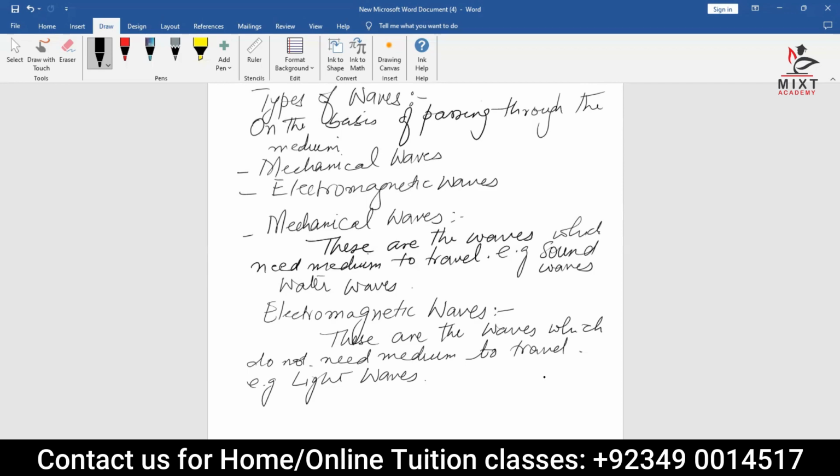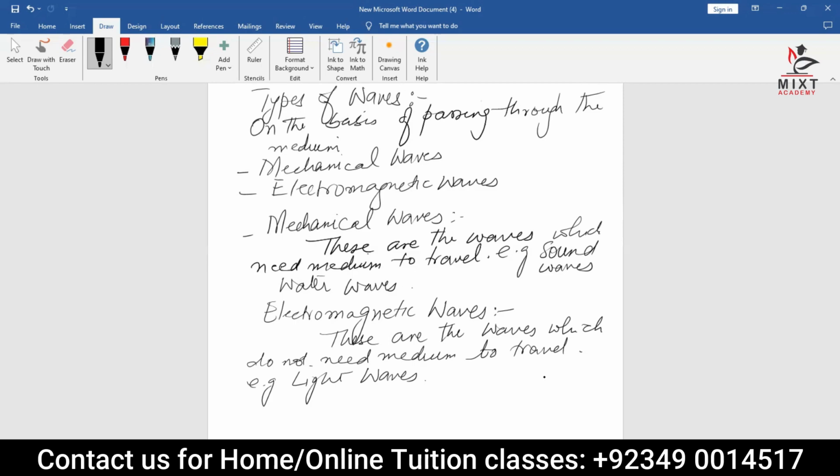Yes. Because it has electromagnetic waves. Yes. Simple as that. Light is an electromagnetic wave and it doesn't need medium to travel because in between the earth, I mean, in between the universe, we have no medium. We call it space or we call it vacuum, and vacuum doesn't have any medium.